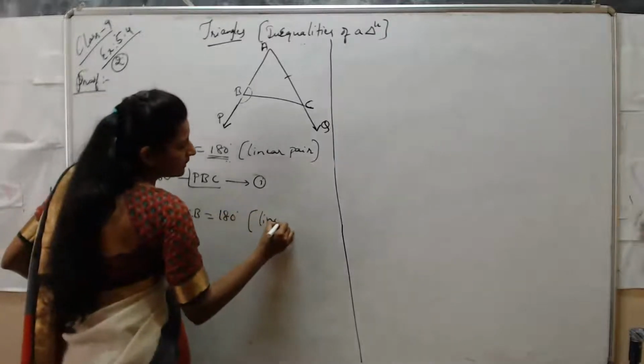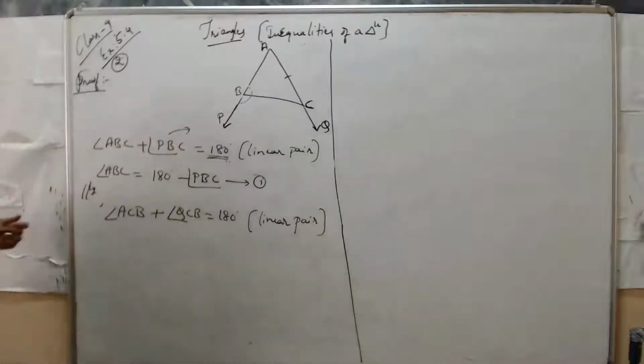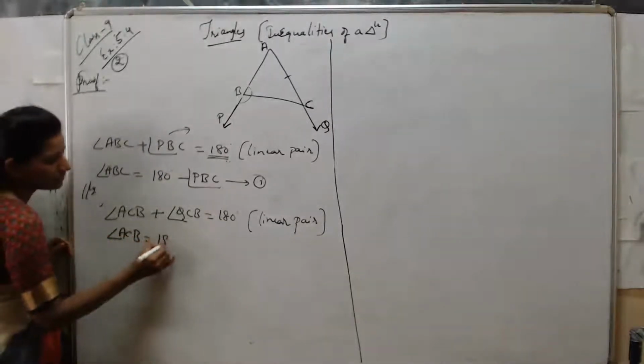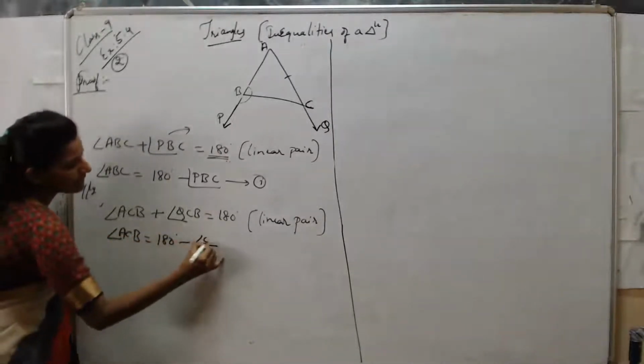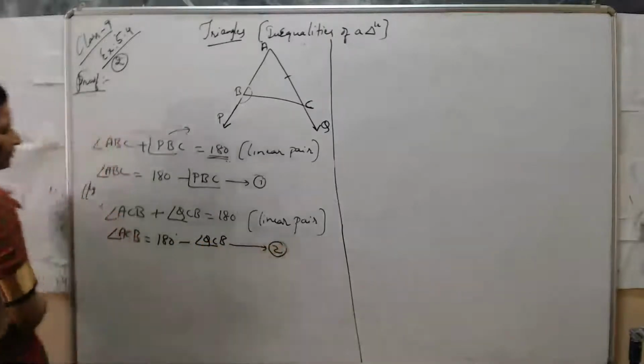That is by linear pair. Again same thing: send this QCB to the right hand side. What will you get? ACB is equal to 180 minus angle QCB. Take this equation as 2.